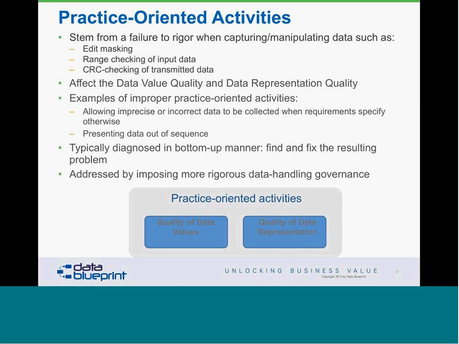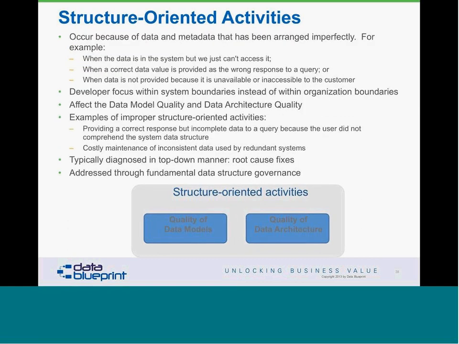We'll get into those pieces in just a minute. But presenting the data out of sequence, giving you imprecise data or things like that, typically diagnosed in a bottom-up manner, where we find what's in error about this, and we address it by looking at data handling governance. When people are met with the data, we need to give them some idea of what's going on in there.